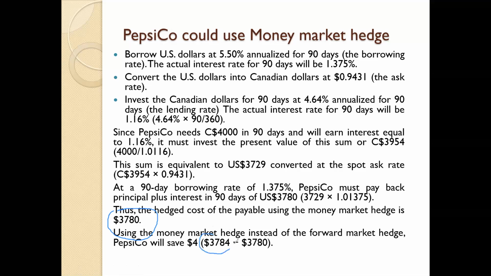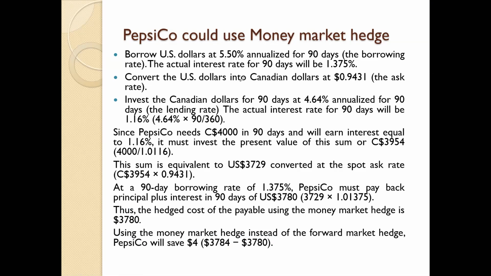For the forward market transaction, the total cost of hedging is 3,784. For the money market hedging, it is 3,780. Then he ended up with a $4 profit because of going with the money market hedging transaction. Right? This is one sort of hedging transaction.